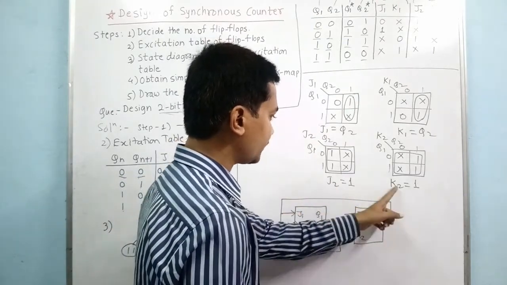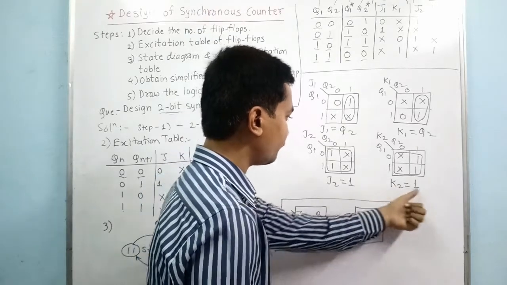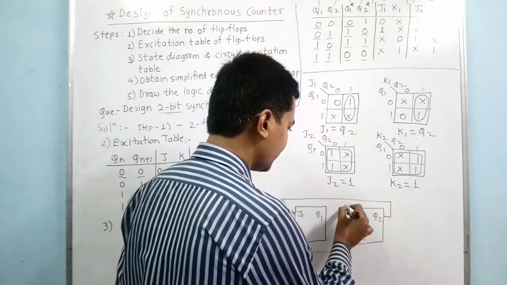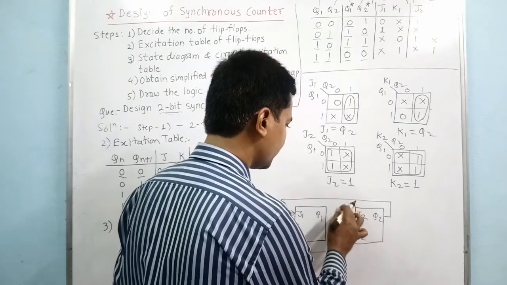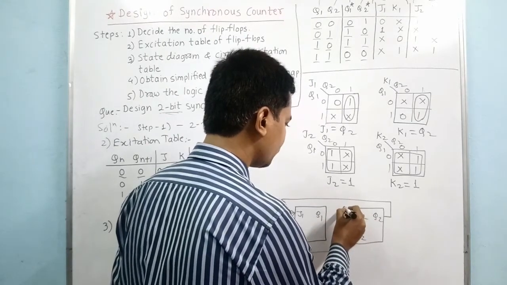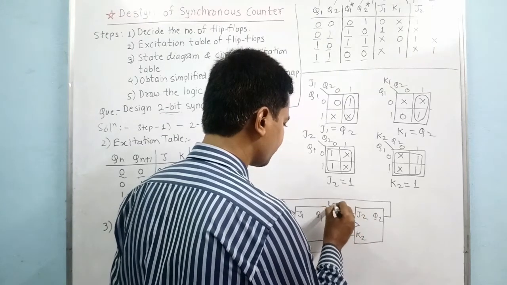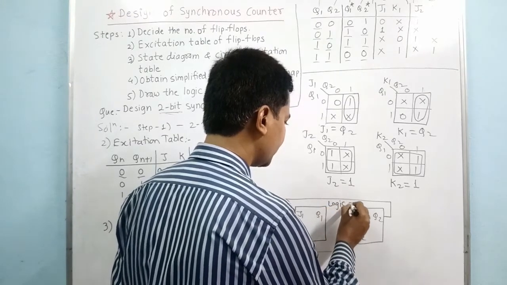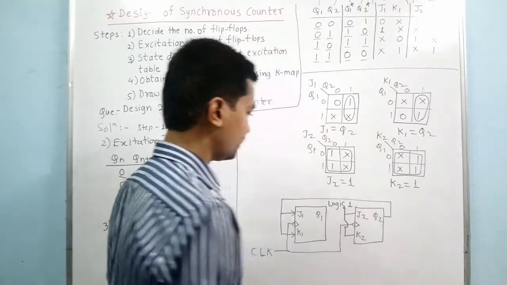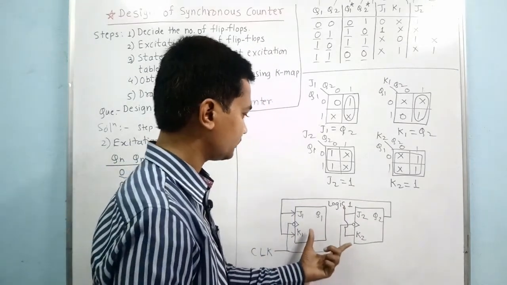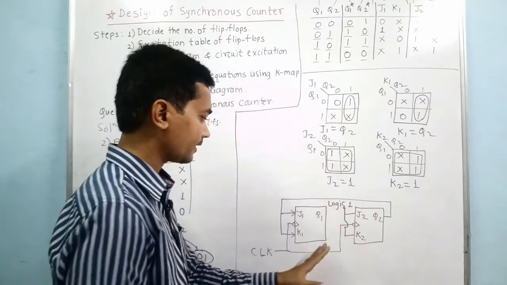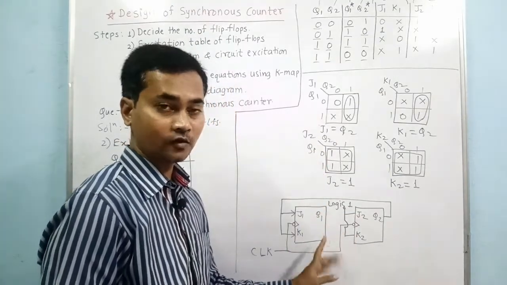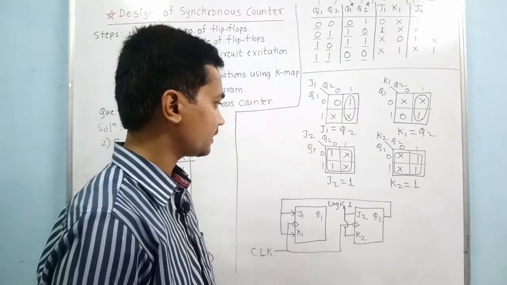The J2 and K2 are connected to 1 1. So here this should be connected to logic 1. Okay, so this is all about the final logic diagram of the sequential counter.